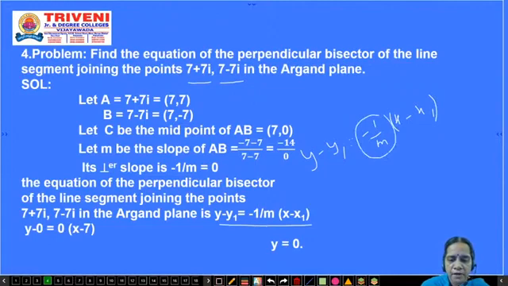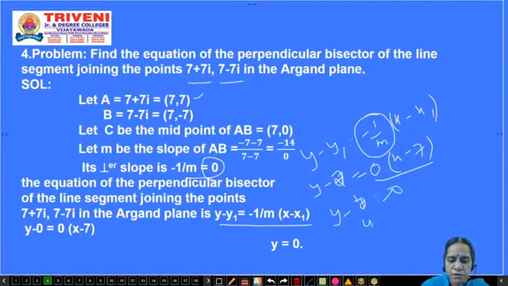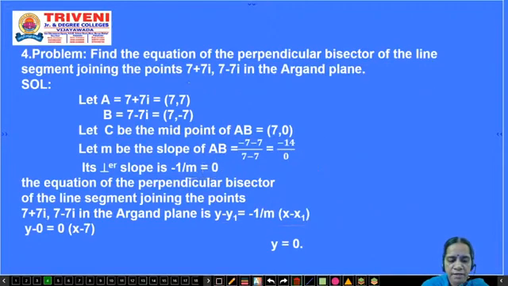The value of minus 1 by m is 0, and in place of (x1, y1) we place the point (7, -7). y minus 7 is equal to 0 into x minus 7. 0 into anything is 0. Then y minus 0 is equal to 0. Therefore, y is equal to 0. The total equation is y equal to 0.